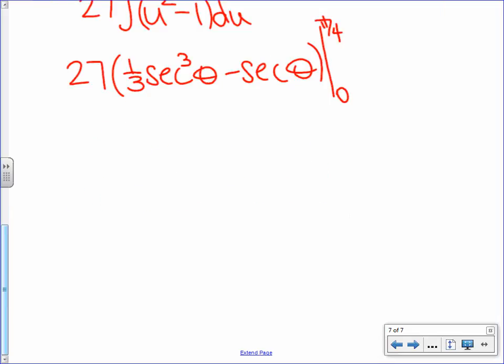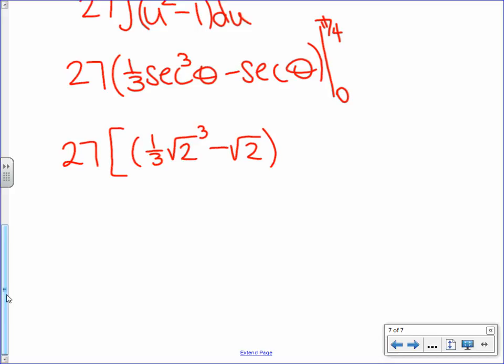Secant is 1 over cosine, so at pi over 4 it would be 2 over radical 2, which would just be radical 2. So we have 27 times 1/3 radical 2 cubed minus radical 2, minus what is the cosine of 0?